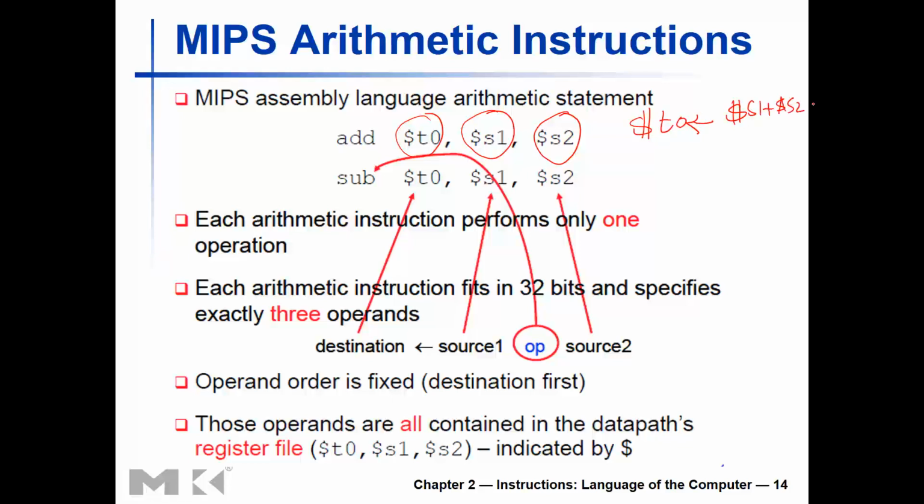Similarly here, $t0 will get the result of $s1 minus register $s2. So this is the kind of format that we have in MIPS. And I know for Intel, those who studied it, you have two operands, but here we have three operands: two sources and one destination.